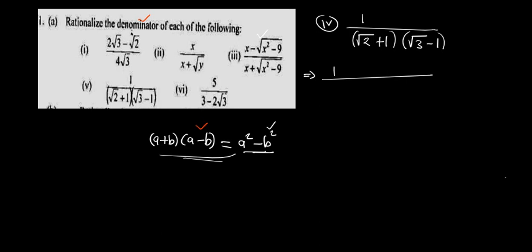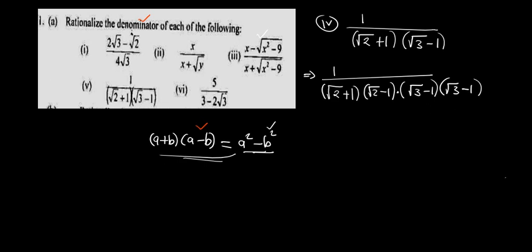Here I'll say root of 2 plus 1, I'll do the conjugate of this, that will be root of 2 minus 1. Also the conjugate of this root 3 minus 1, I'll do the conjugate as well, root 3 plus 1. This is what you need to do there, otherwise you'll be in trouble.